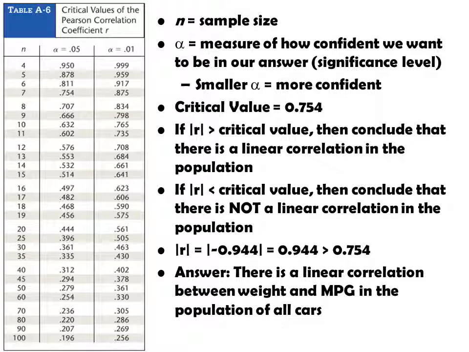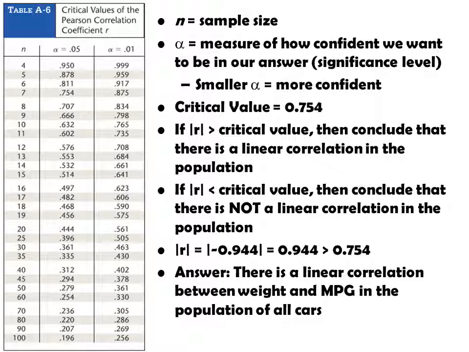Specifically, the question is: is there a linear correlation in the large population? Our data came from a sample. If the r value is close to +1 or close to -1, then that indicates that there is a linear correlation in the population. But we want to determine just how valid is that conclusion.